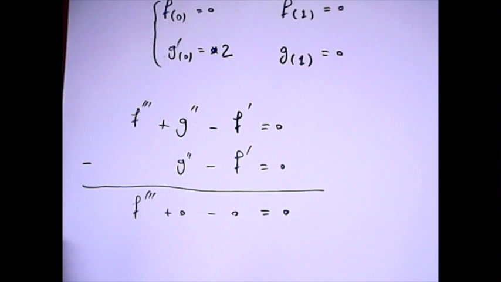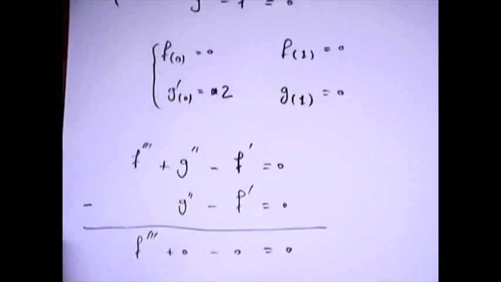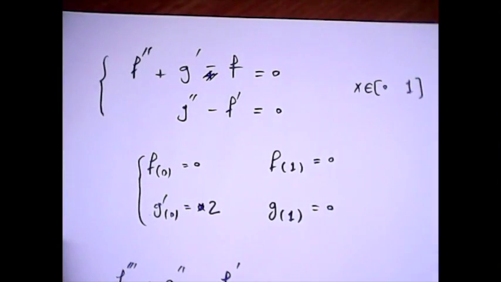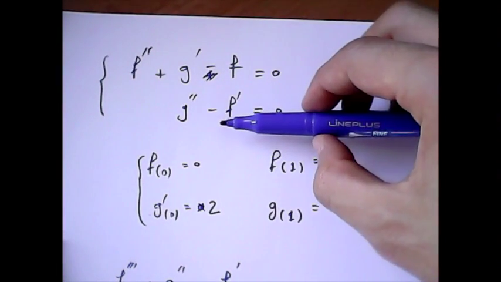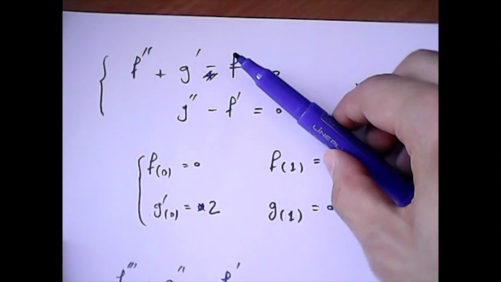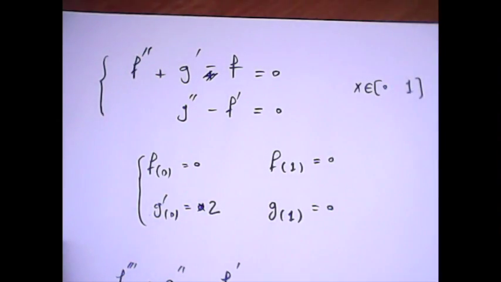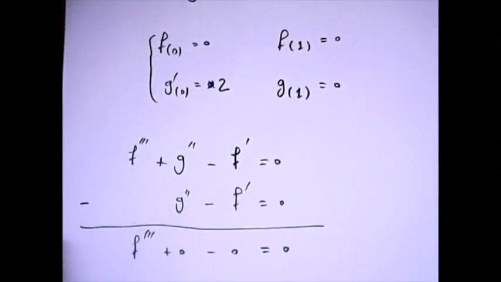Now I have a new, different system of equations. By the way, I hope you know that when you have a system, you can always subtract any multiple of one equation from the other one. That's allowed. That's what we did here.